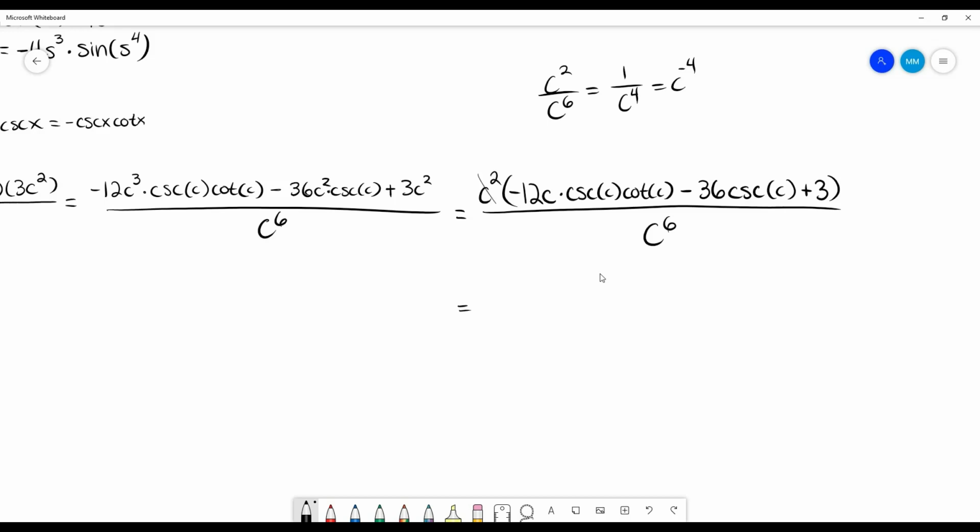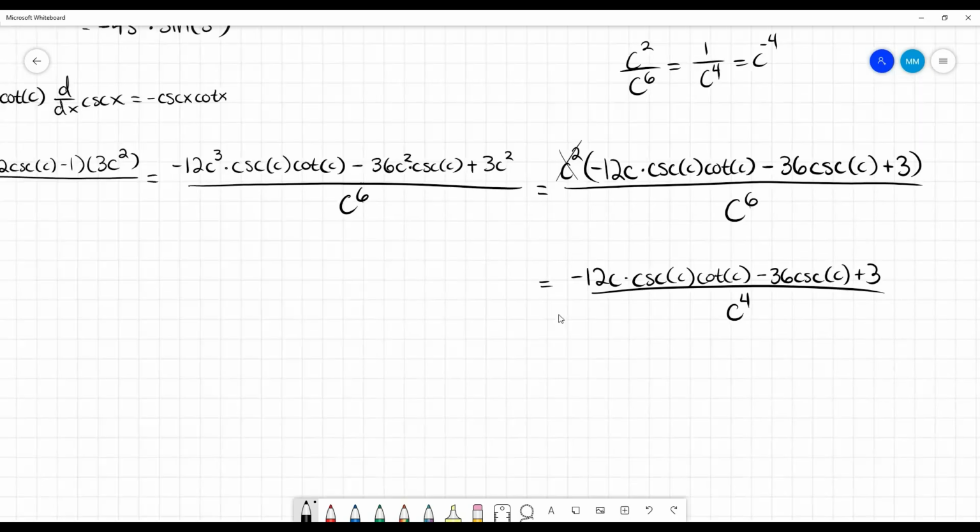Which tells me that cancels out. So I've just got all this rest of the bit right up here, which I'll rewrite. And we don't need it in parentheses anymore because we're not multiplying by anything because we canceled out that c squared. It's all going to be over c to the 4th.